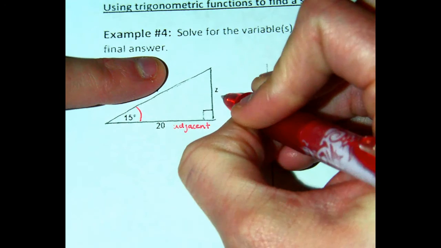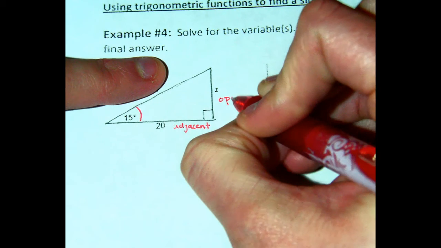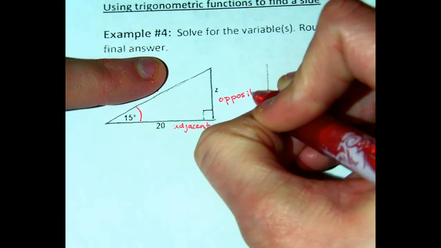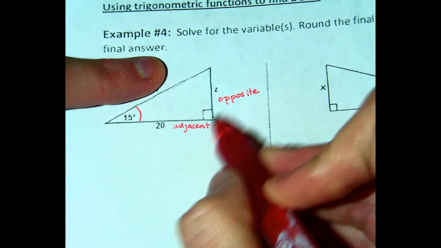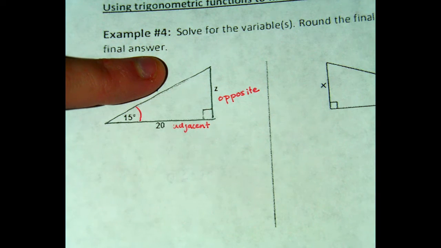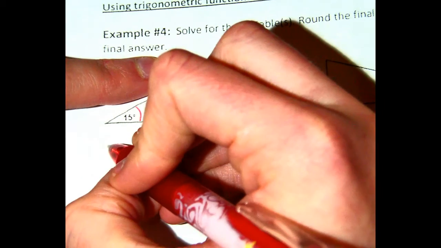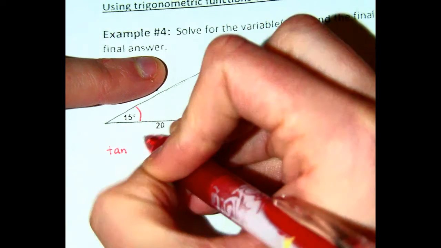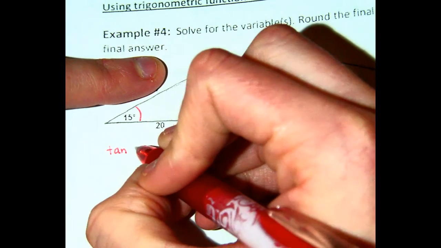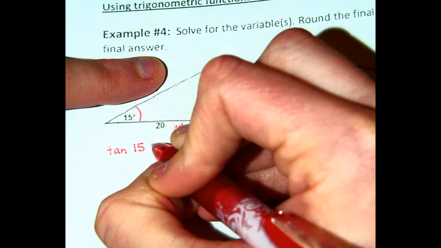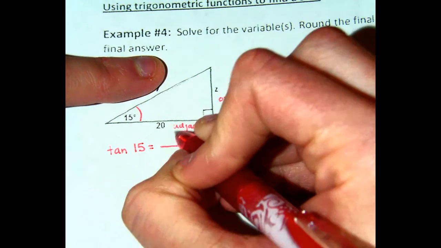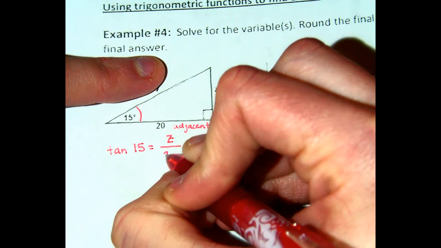What is Z compared to that? Which of your trigonometric ratios involves opposite and adjacent? Tangent. If you remember from your ratios, and you should have them on the next page, the tangent of the angle is equal to the opposite over the adjacent.